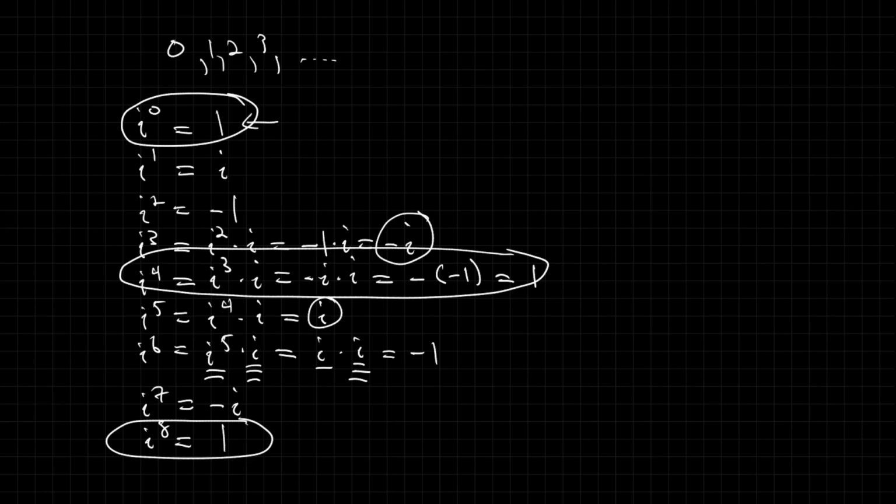So in words, i to the 4 times some integer power, that is a number like 0, 1, 2, 3, 4, equals 1.